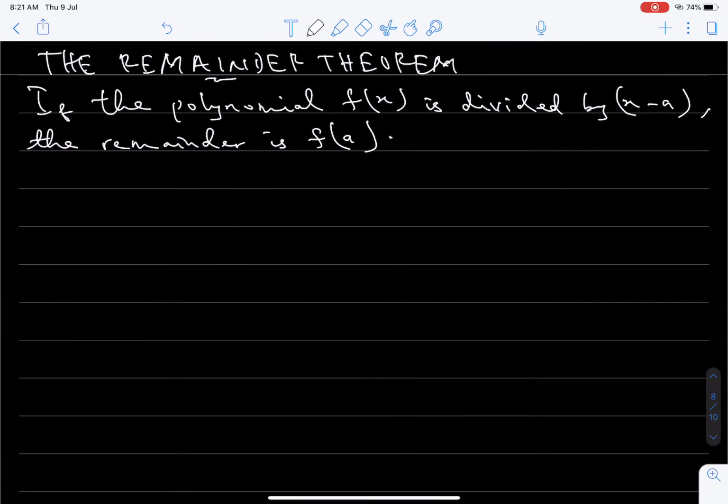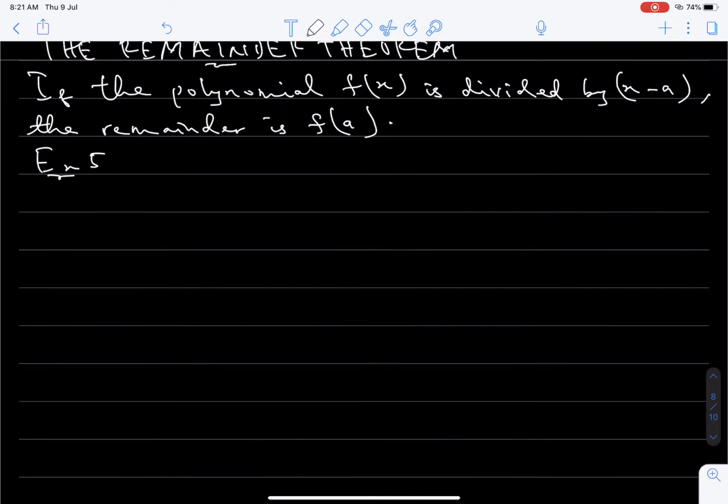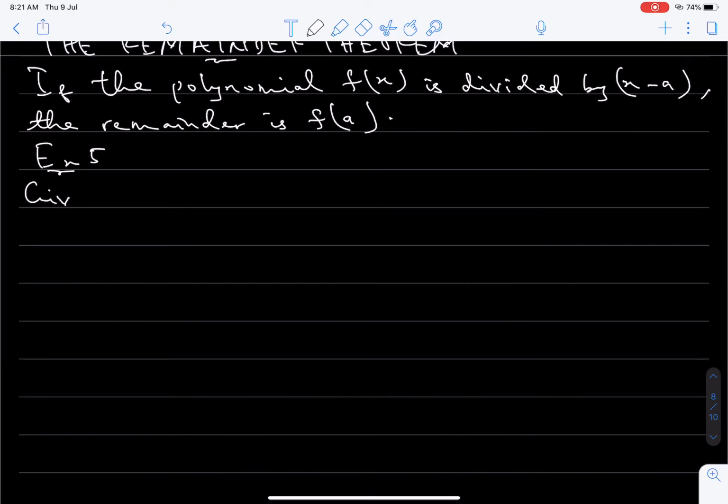So let's take an example, which is going to be our fifth example. Now, given that f of x is equal to 3x cubed minus 4x squared plus 2x plus 3.